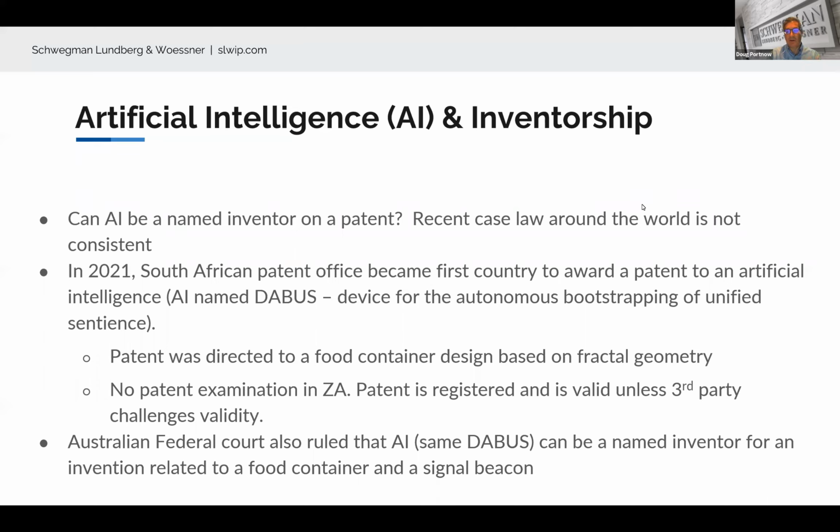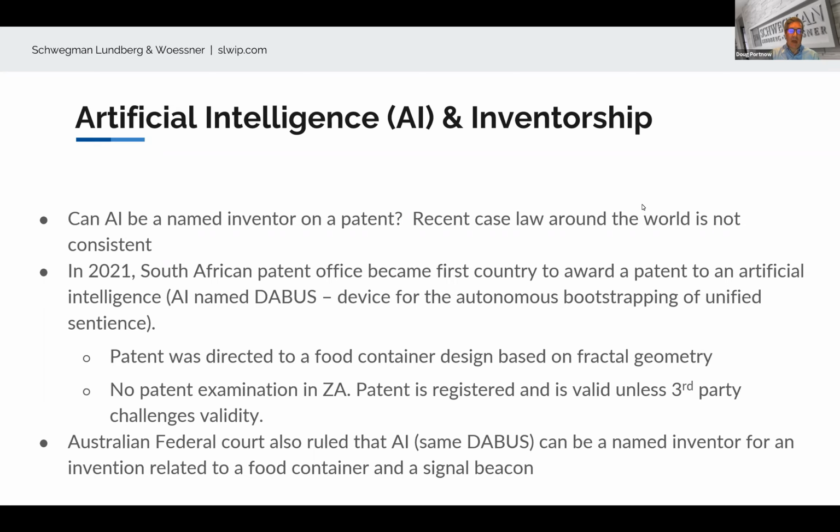So if you've ever seen soap film patterns, that's kind of how that works. South Africa is a registration jurisdiction, so there's no actual patent examination. You just simply register the patent there. The patent is considered valid unless a third party challenges the validity. So stay tuned. We'll see what happens in South Africa with that.